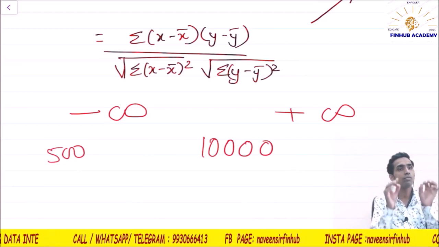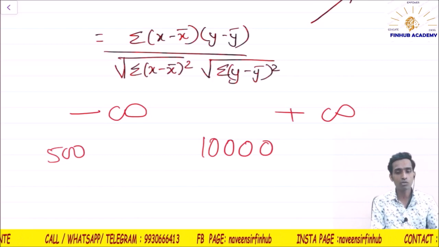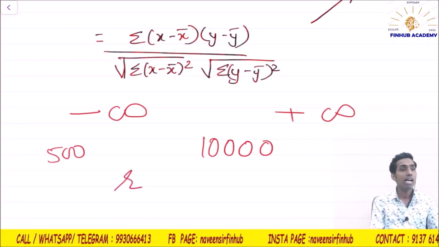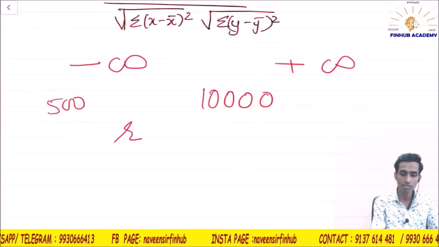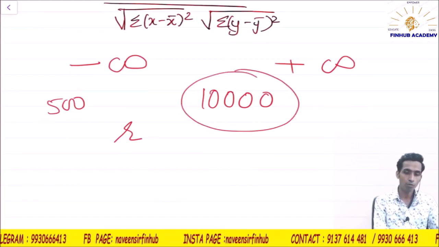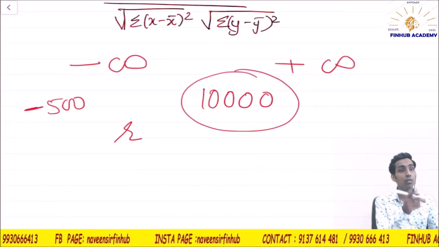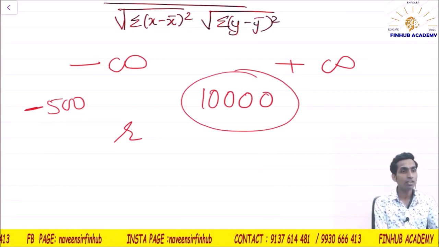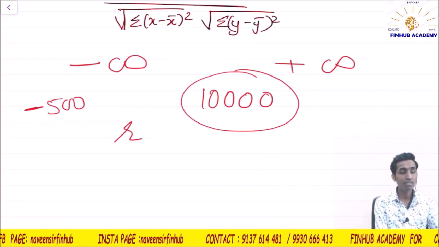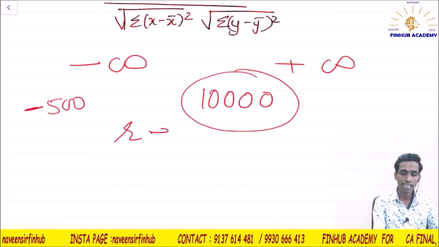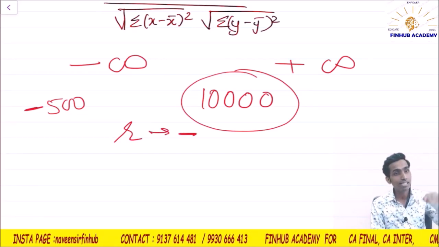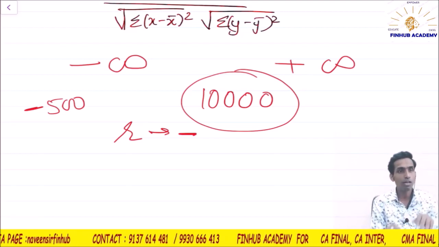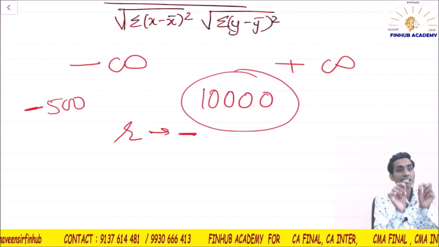The use of covariance is that it helps us calculate R, and R gets its sign, plus or minus, from this covariance. If covariance is negative, then obviously R will be negative. It only gives the direction. If x is moving up and y moves down, then R will be negative, meaning covariance is negative.